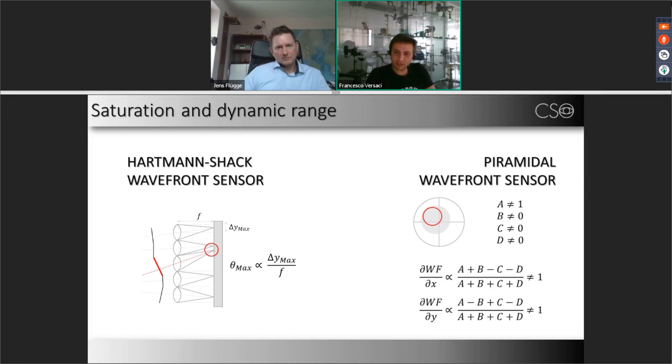So if I have the same amount of local tilt, in this case I'm hitting also the faces B, C, and D, and so I won't have a saturated situation of the derivatives.